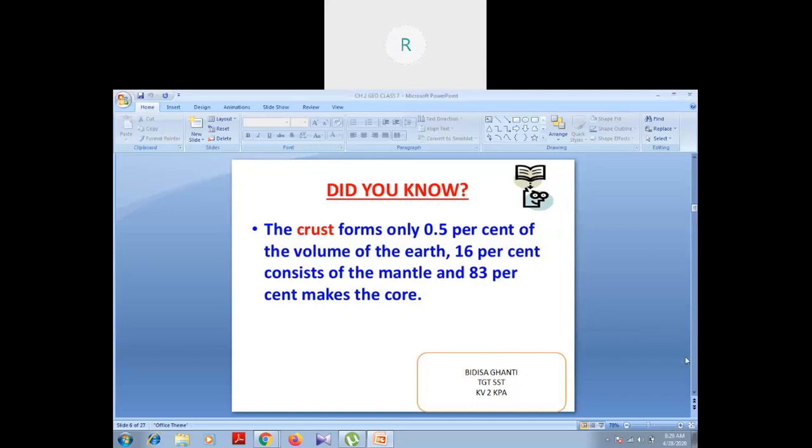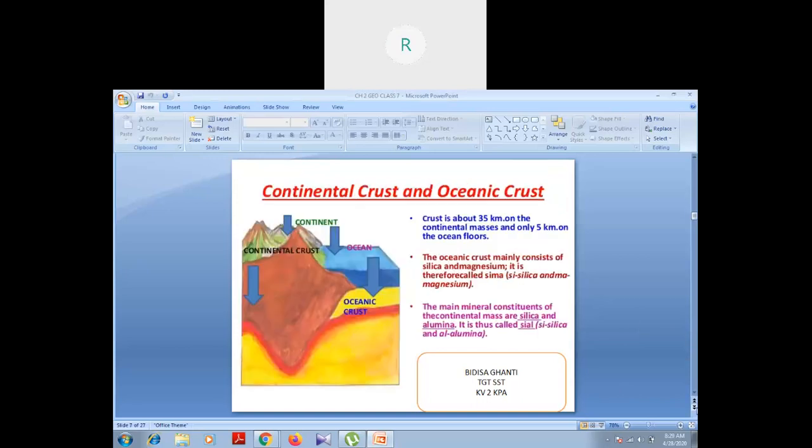Next, here you can see the continental crust and oceanic crust. That means the uppermost layer of the Earth is subdivided into two types: one is the continental crust and another is the oceanic crust.